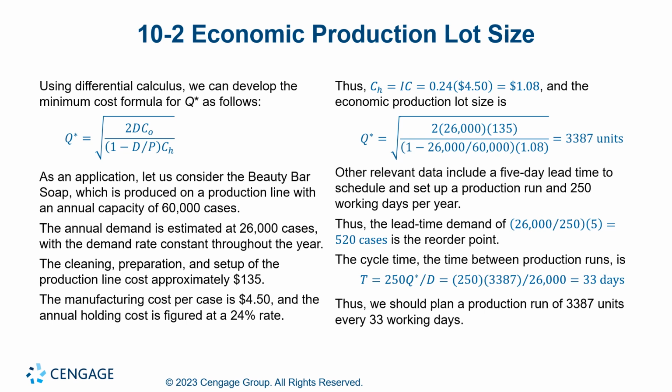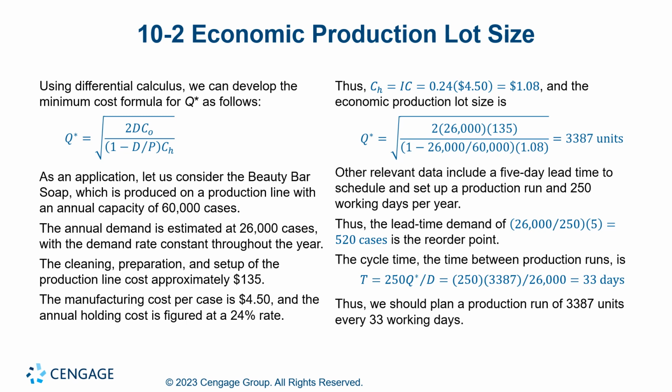Now let's look at another example based on Beauty Bar soap. The soap is produced on a production line that has an annual capacity of 60,000 cases every year. The annual demand is estimated at 26,000 cases, with the demand rate essentially constant throughout the year.